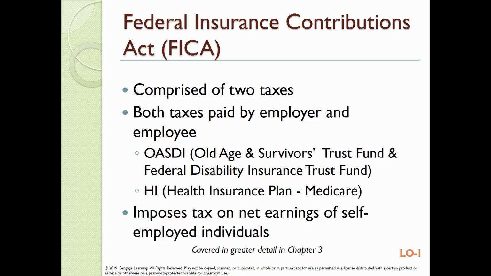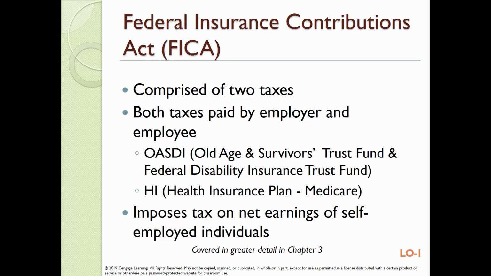Okay? So those have fancy names. Under FICA, they're not called Social Security and Medicare. They're called OASDI and HI. And yes, you have to know these. OASDI stands for old age, right? That's the retirement piece. Disability, that's the I become permanently disabled.